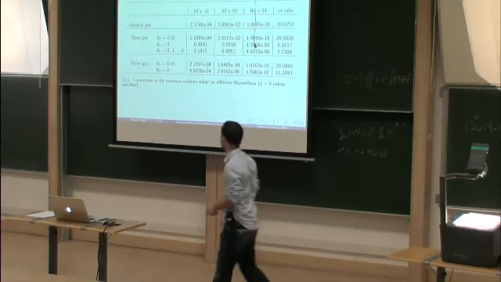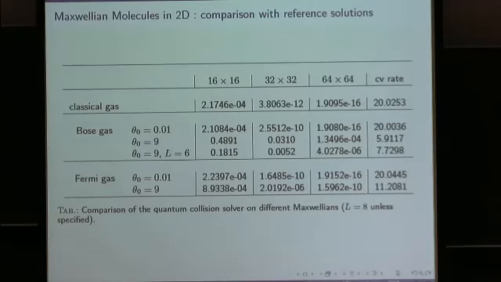We can also apply this kind of approximation to the quantum Boltzmann equation for both Bose gas and Fermi gas. And in that case, you see that we have a different order of convergence. Something like you can reach 20.